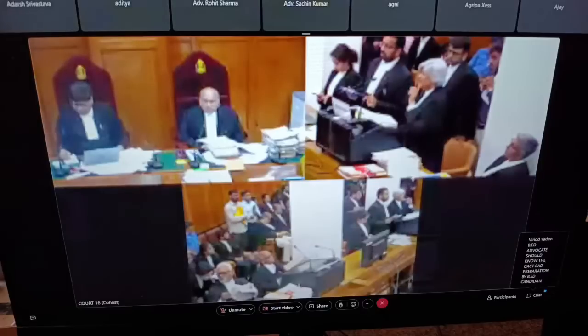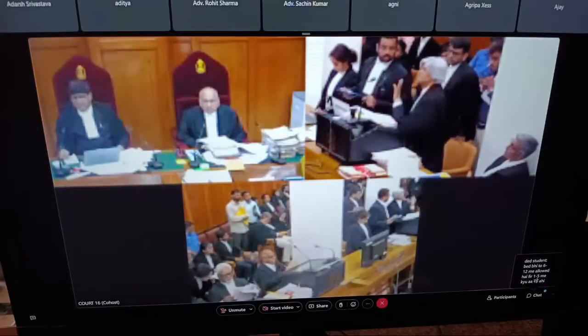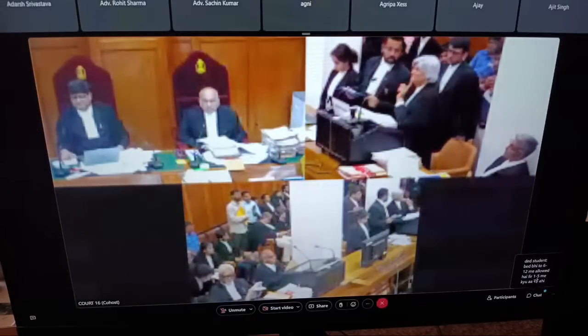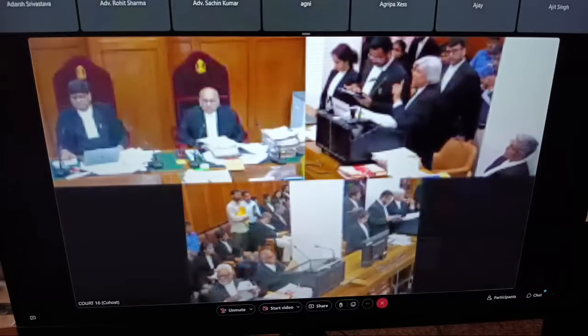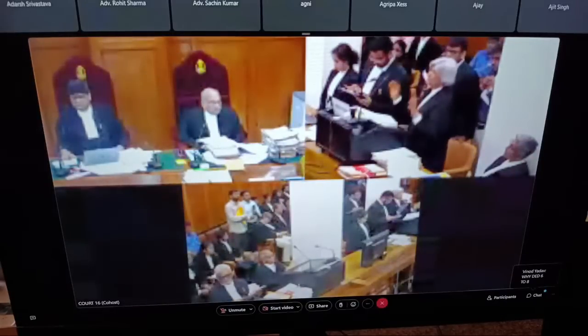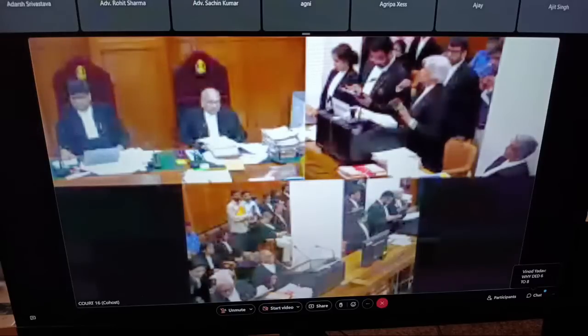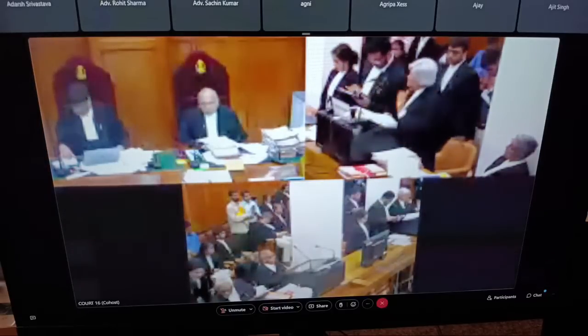So all the states in the country were aware, and my lords, this was a central government notification under the NCTE Act. So therefore, once the central government notification is struck down by any high court, it is for all effects and purposes struck down. So it's not that it is valid in one state and not valid in the other, because it's a central notification.